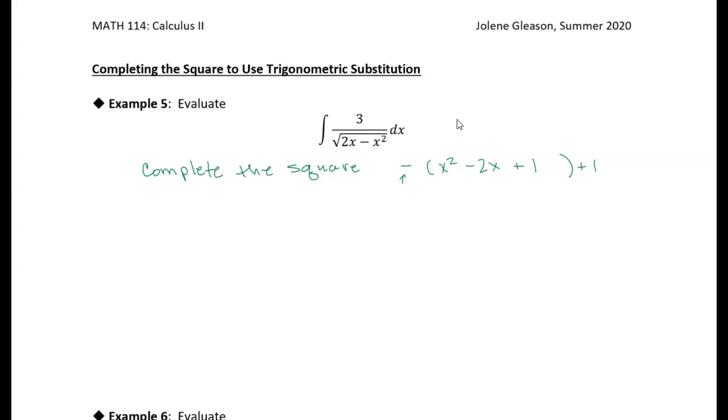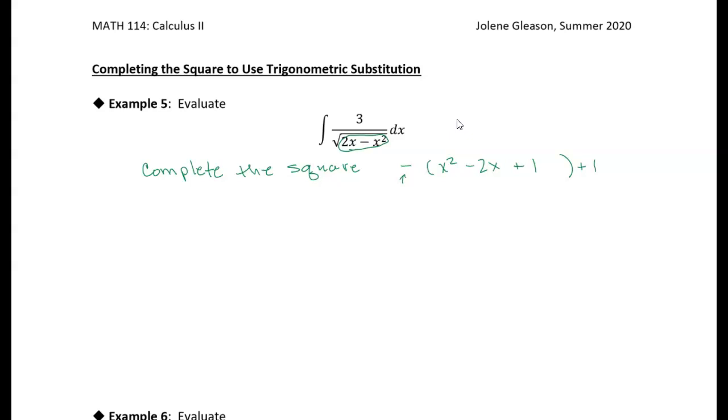Now I've added 0. Okay, and so this expression right here is equivalent to what I had before, this part underneath the square root. It's the same thing. I've just basically added a -1 and then added a +1. All right, so this is equivalent to what I had before.